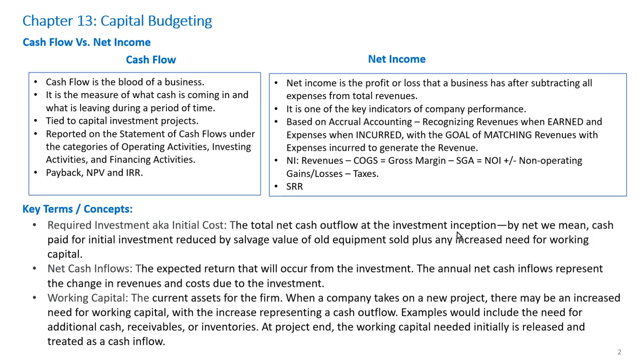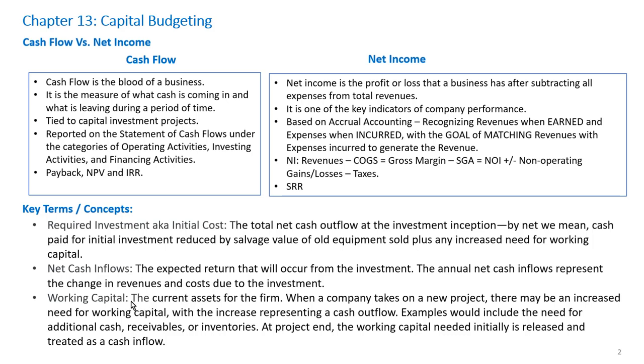By net, we mean cash paid for the initial investment reduced by salvage value of old equipment sold plus any increased need for working capital. Cash inflows represent the expected return that will occur from the investment. The annual cash inflows represent the change in revenues and costs due to the investment.